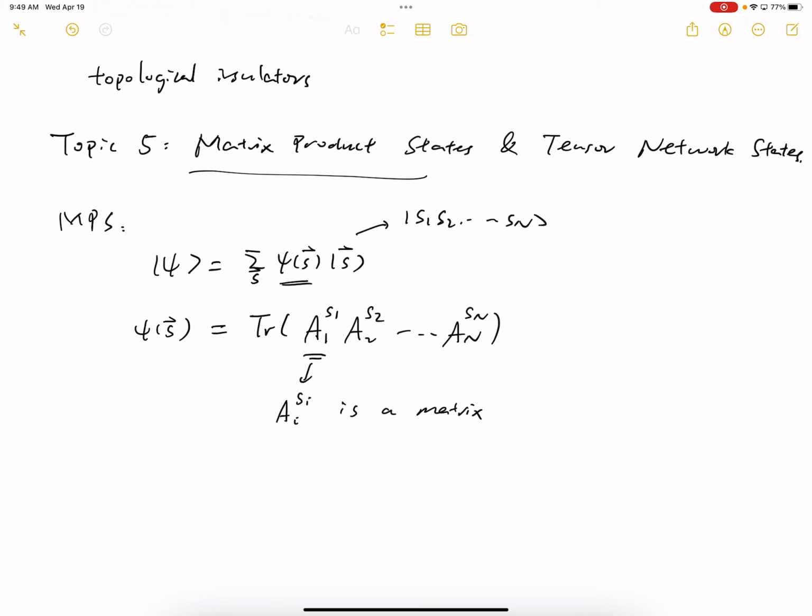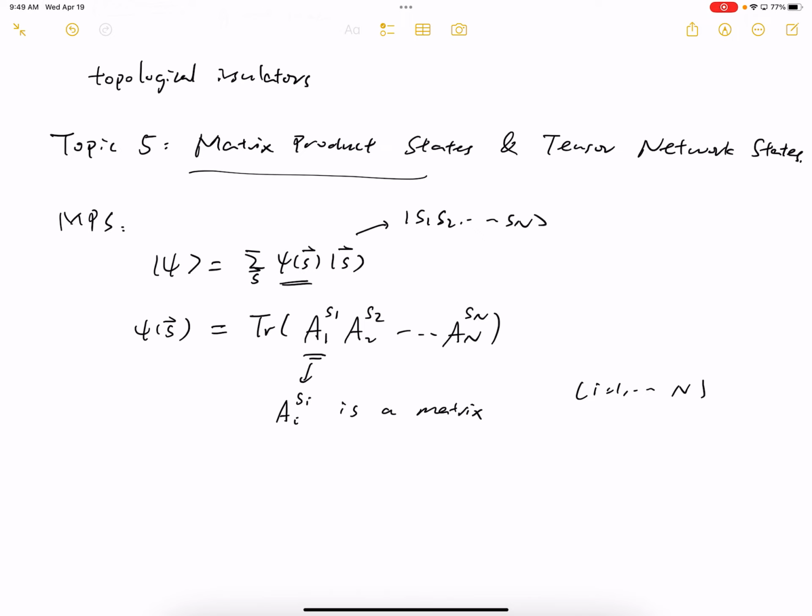The lower label i just labels the qubit, right? So i goes here from 1 to n. So basically for each qubit, you're going to assign a matrix to it. But there's also an upper index there. I call it Si. It's not the matrix to the power of Si. It's just an index. I put it on the top just to make the notation a little bit nicer.